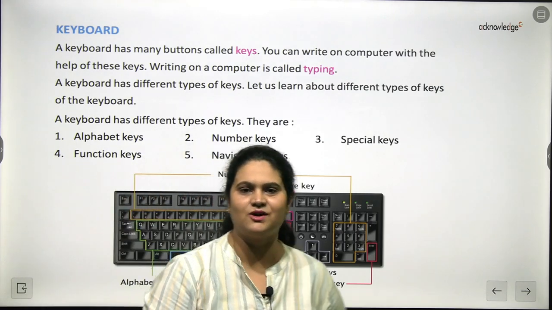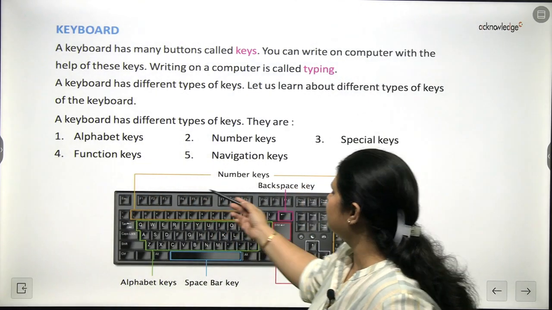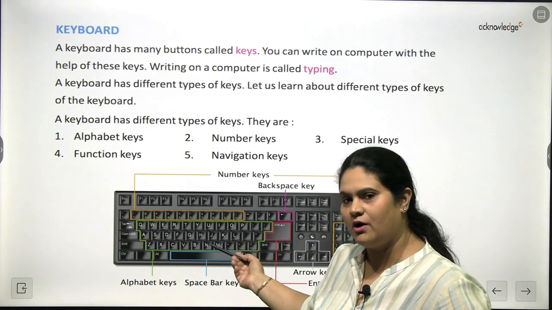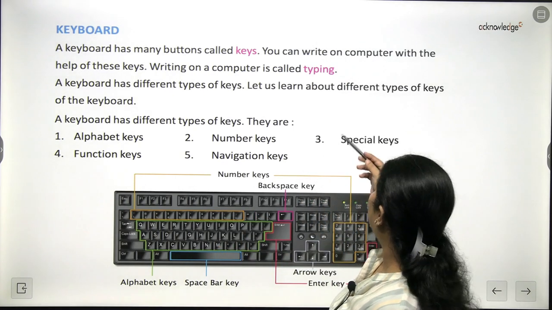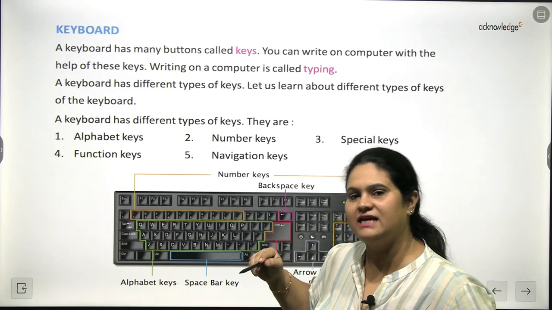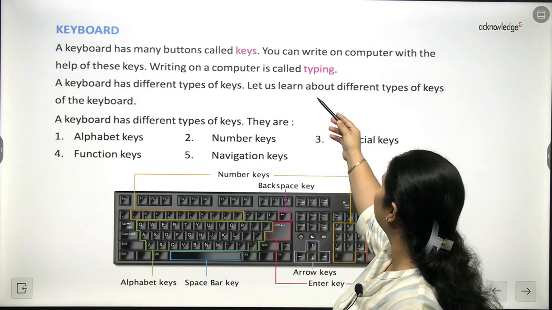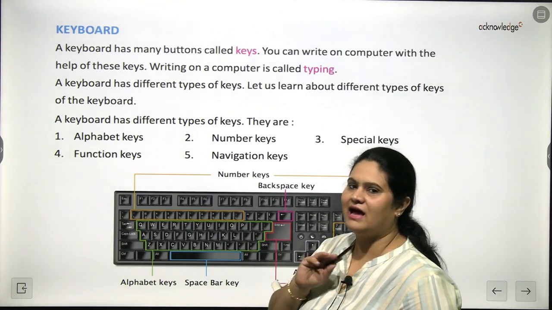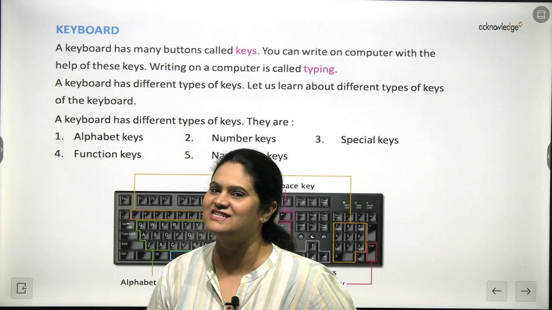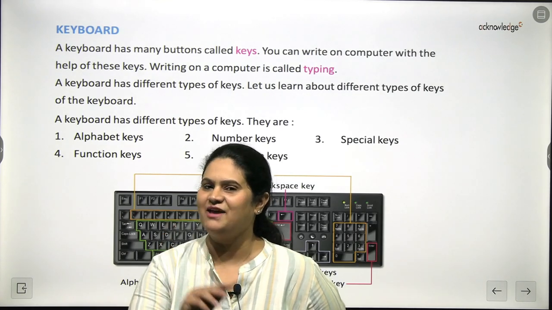These buttons that you see here are called keys, okay? Good. Now, what can you use these keys for? You can use them to write on the computer, and writing on the computer is known as typing.